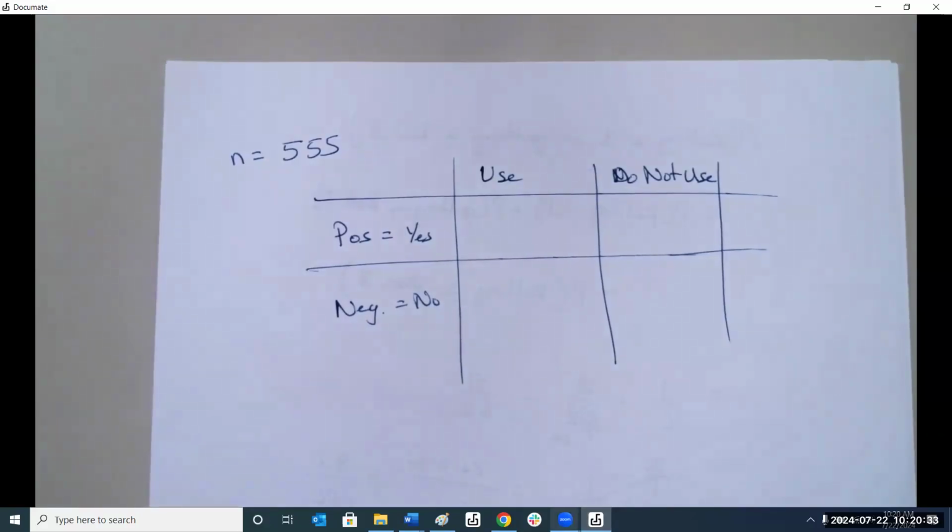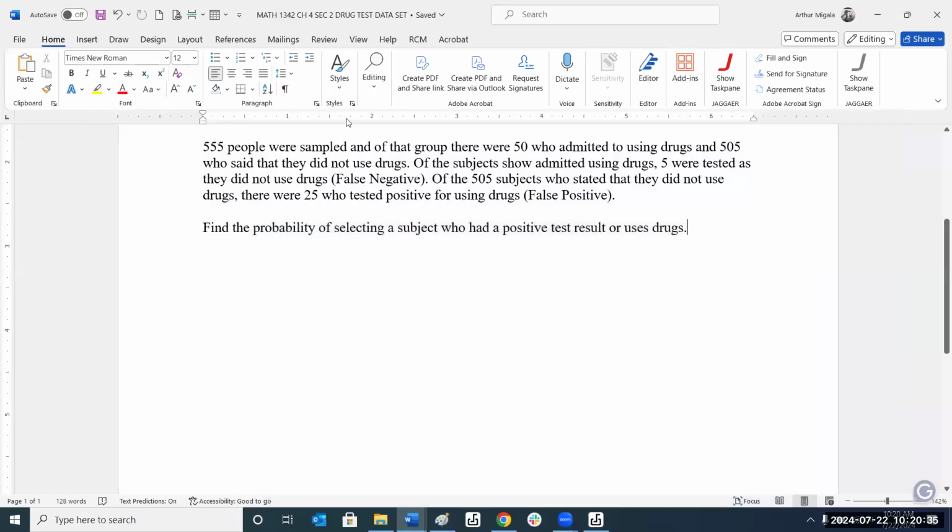Remember, in our information, 50 people admitted using drugs and 505 said they did not. Of the 50 that said they did use drugs, 5 were tested as negatives. Of the 505 who said they didn't use drugs, 25 tested positive, which was a false positive.